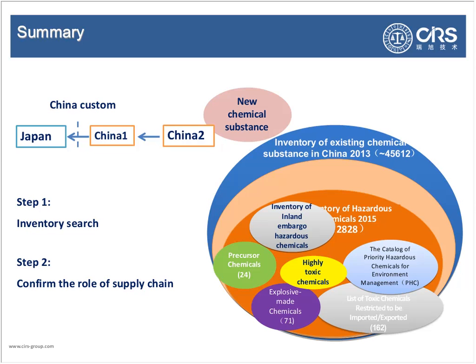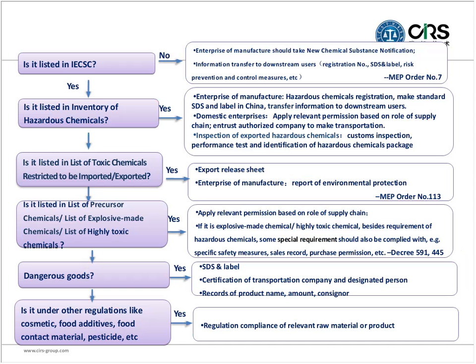So you may check by yourself. And then there are some specific inventories. For example, if it's in the list of toxic chemicals restricted to be imported or exported, then as a foreign company, you are required to take the registration by yourself.